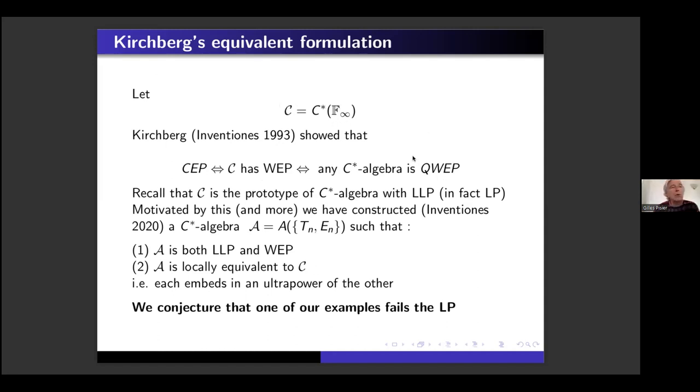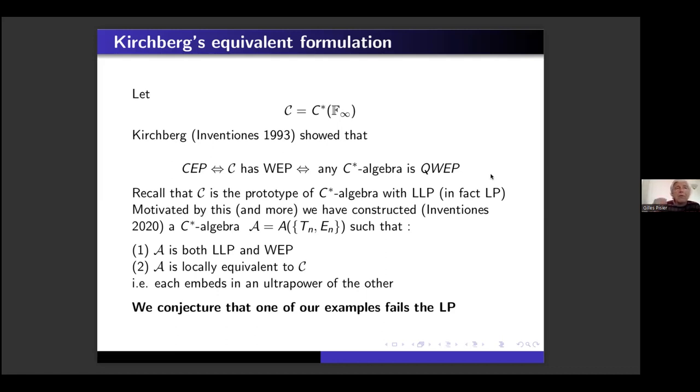So if C is WEP, any separable C-star algebra will be QWEP. And in this context, you can remove the separability by some simple tricks. So you end up with a statement which until now is considered solved negatively.